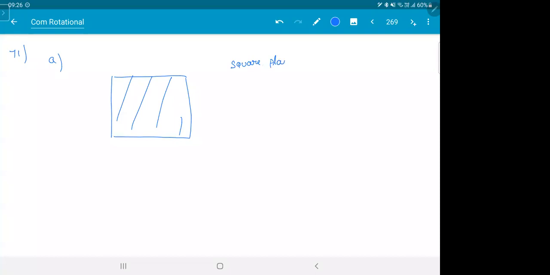Next thing. We have a square plate of mass M and side A. This is the axis at 45 degrees.